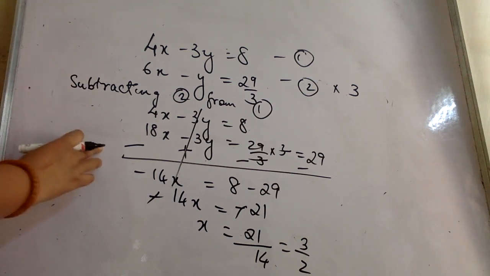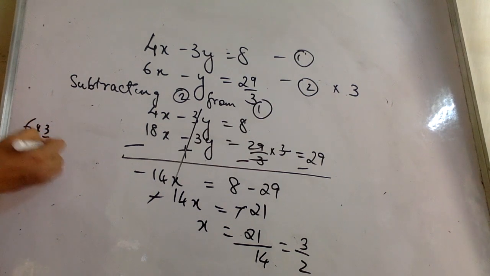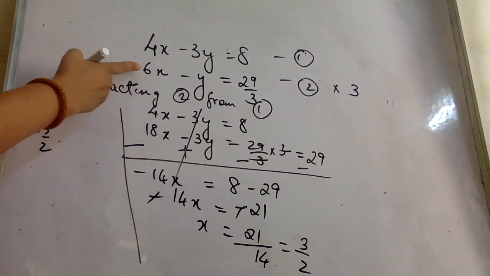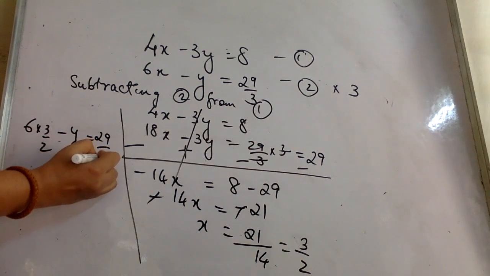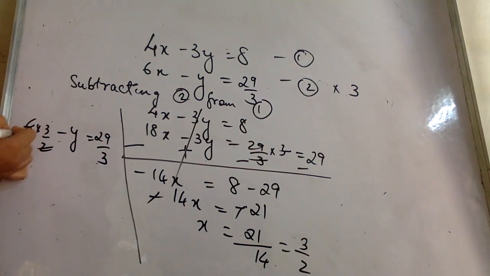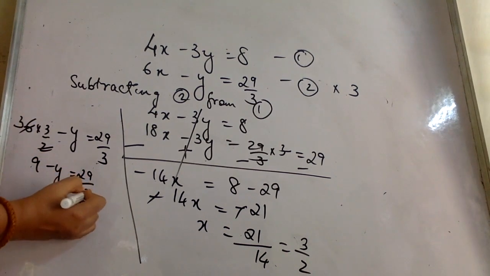So here I shall be writing 6 into 3 by 2, minus y is equal to 29 by 3. That is 9 minus y is 29 by 3.